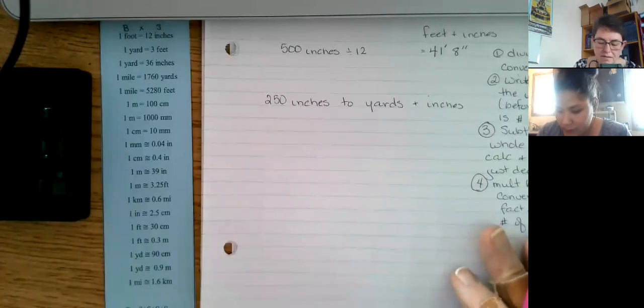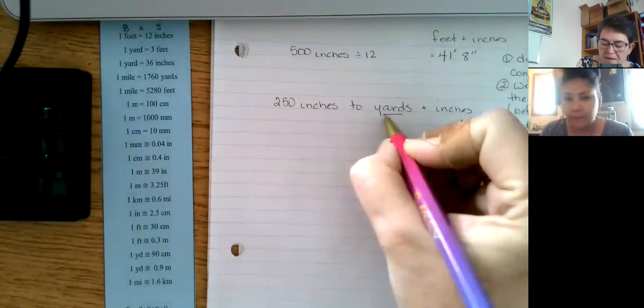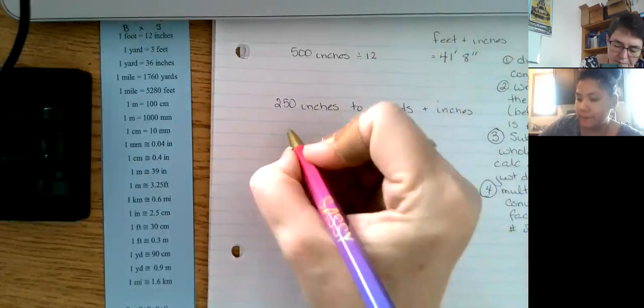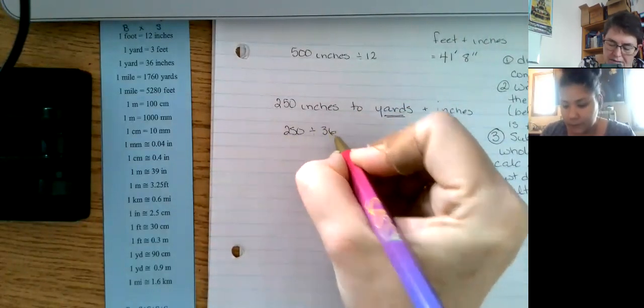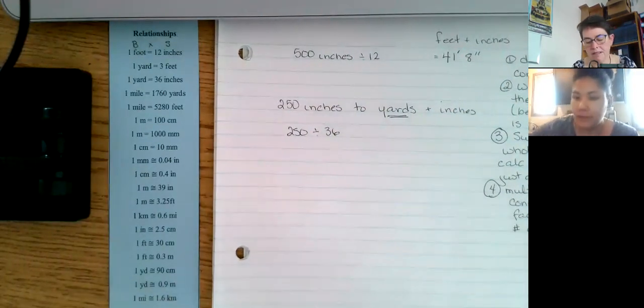All right, let's see. So this time I'm converting to yards and inches. So I'm going to go 250 and I'm going to divide by 36 because that's my conversion factor, 36 inches in every yard.